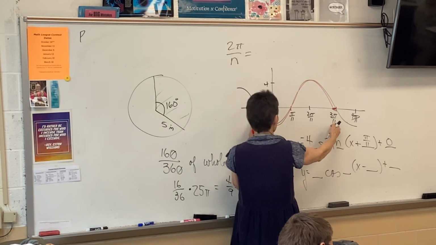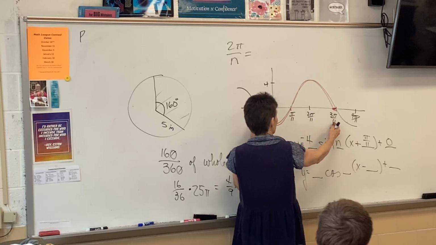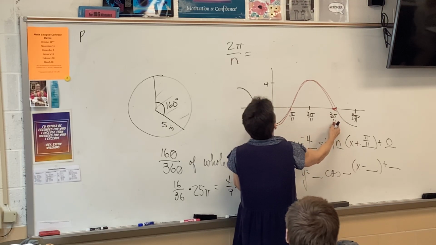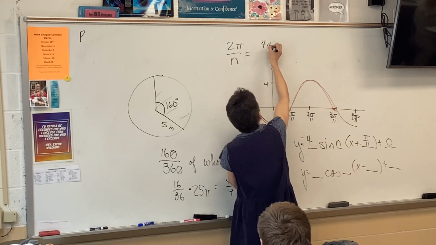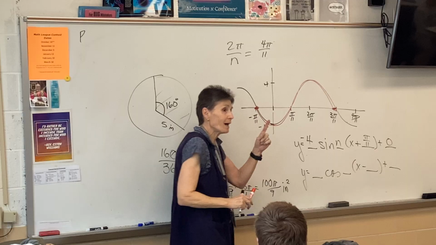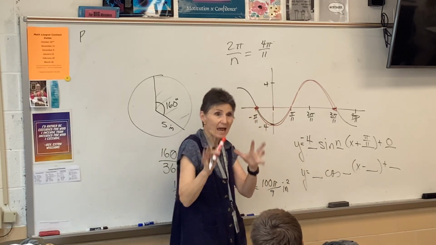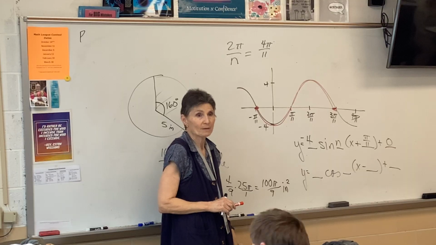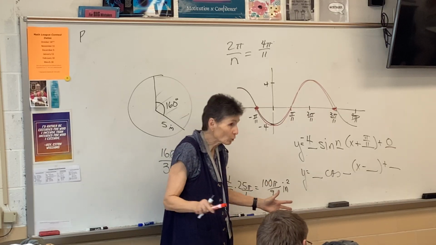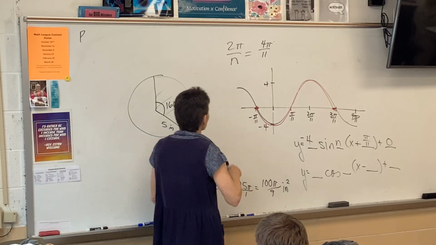What is my actual period from red dot to red dot? How far is that? What is it? 4 pi over 11. So 2 pi divided by whatever that is gives me the actual period of the problem. Every time. Sine or cosine. Every time.